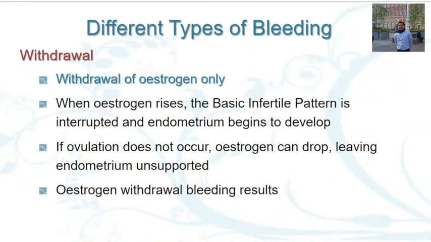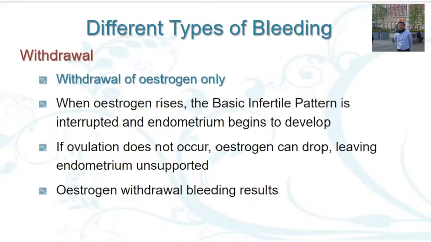Okay, so let's look at what a withdrawal bleed is. Withdrawal bleed means a sudden drop of estrogen. Take note that estrogen begins to rise the moment there is already a mucus. And estrogen will reach its highest concentration or peak if mucus develops into slippery.